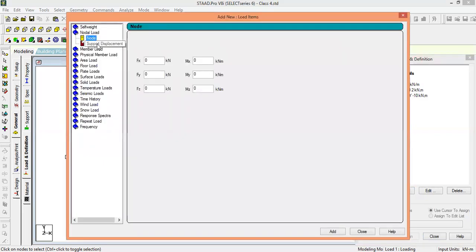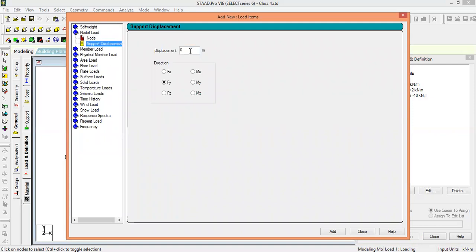Here you have support displacement. They may give support displacement, or it may be called a sinking of support. Minus, this is in meters, 10 mm they have given, 0.01 is 10 mm, and the support has been displaced in the y direction.